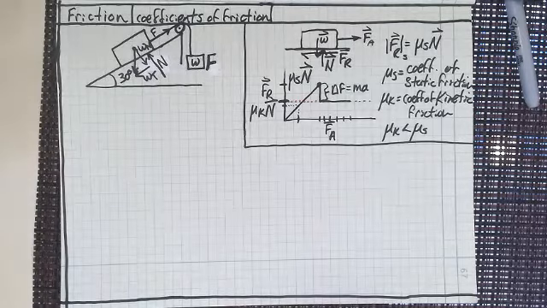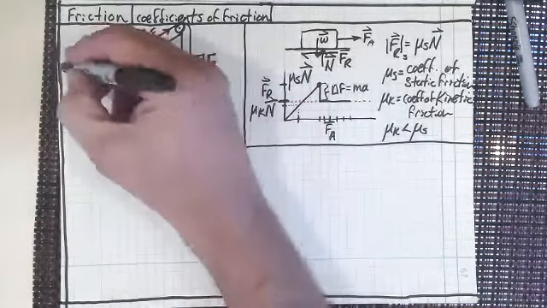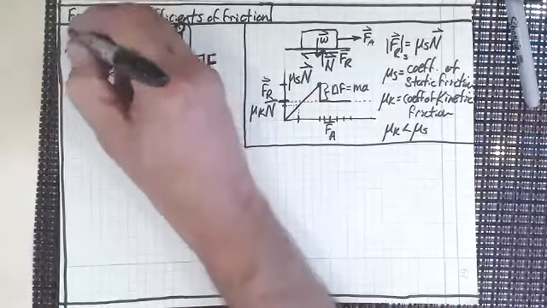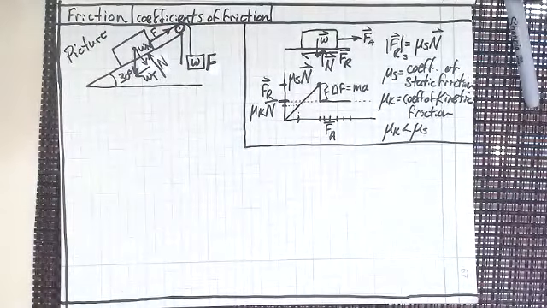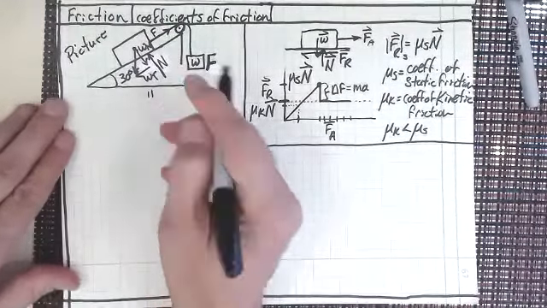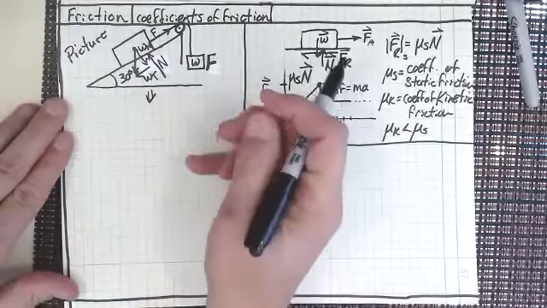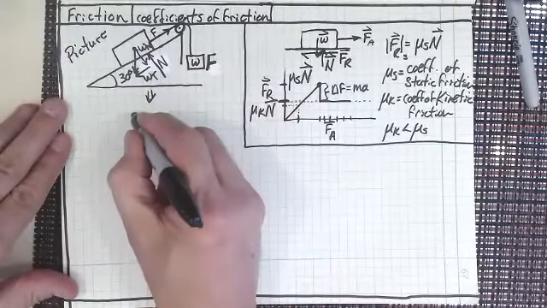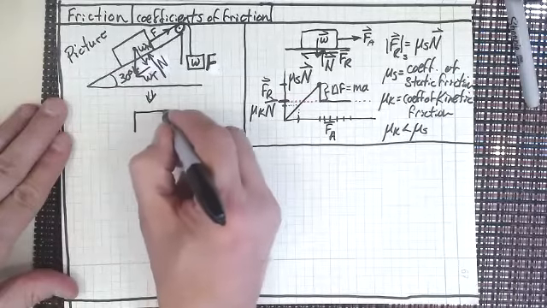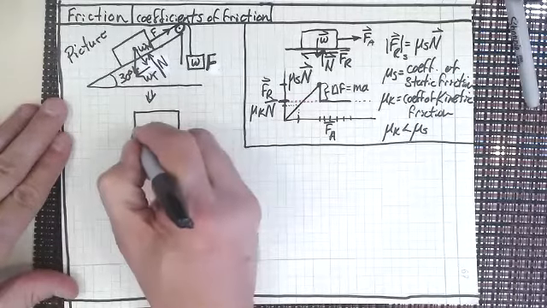So why don't we redraw that? Now that we see the picture, this is the picture, but it's not the free body diagram, is it? No. And as a matter of fact, what we want to do is make it into a free body diagram. And so let's just draw it like it is. I've got a box.